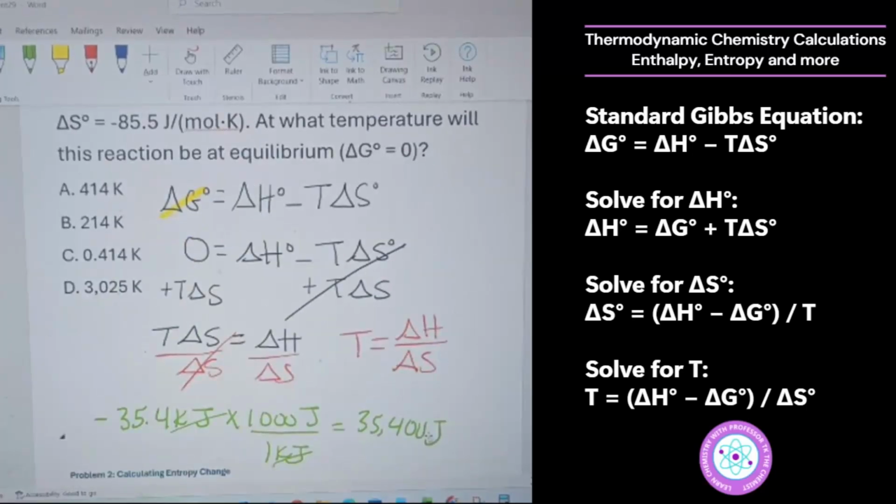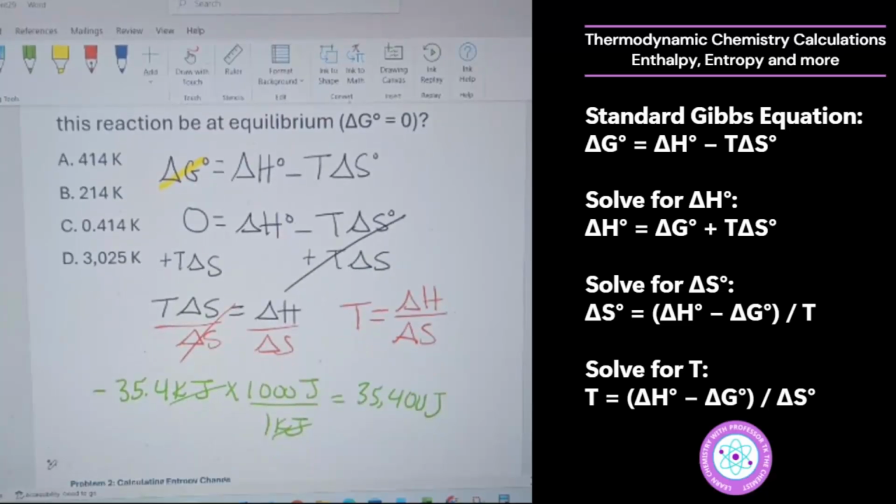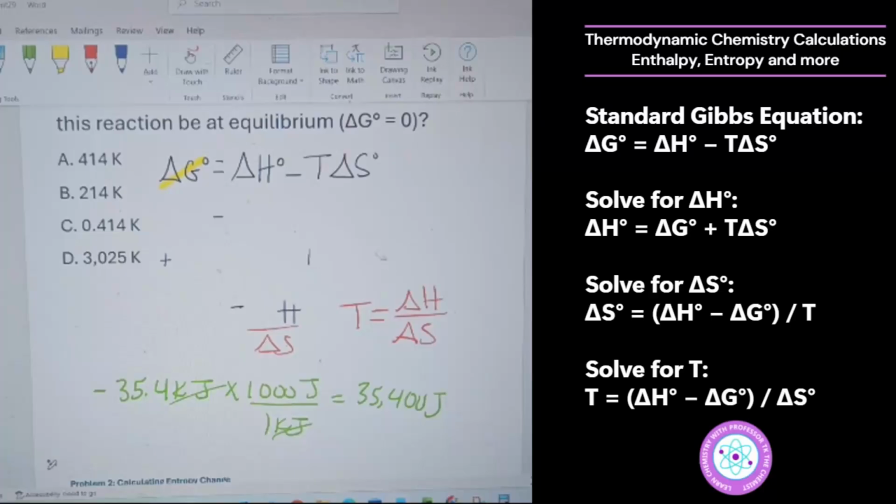All right, now I'm going to erase the board so that we can go ahead and apply the numbers that we need for our problem, okay? So I'm going to erase this part right here, and this is the formula that we're going to use.